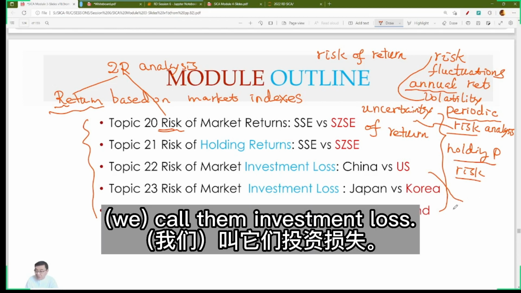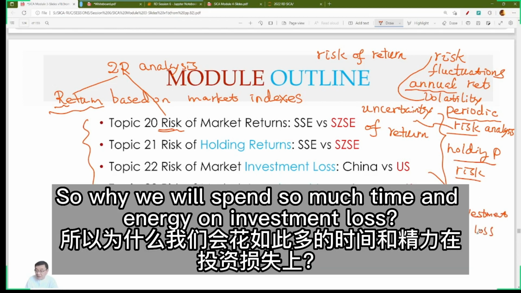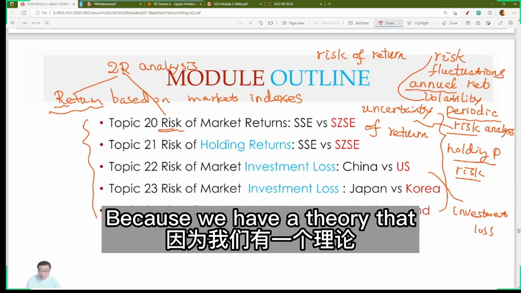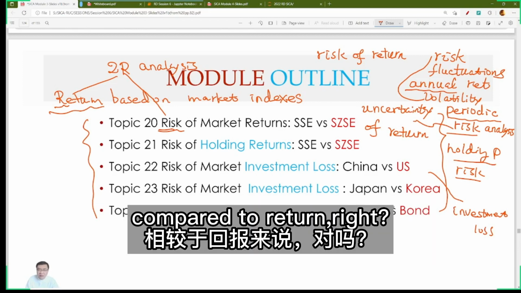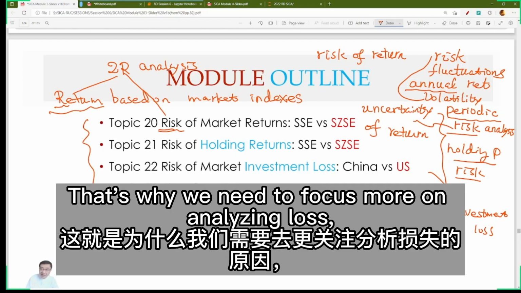We call it investment loss. So why will we spend so much time and energy on investment loss? Because we have a theory that investors are always more sensitive to loss compared to return, right? That's why we need to focus more on analyzing loss.